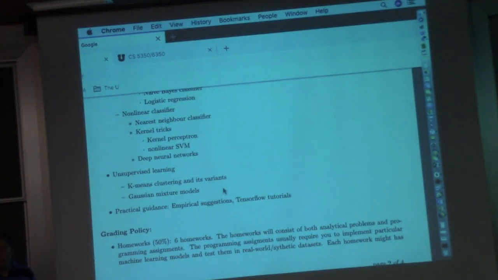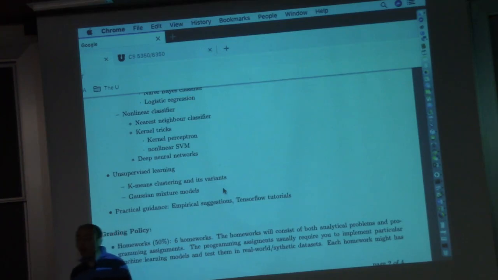I'll use my own experience as a case study to introduce some empirical suggestions on how we apply machine learning techniques to address problems. And we also plan to give some tutorials on popular machine learning libraries like TensorFlow. TensorFlow is not only for neural nets; it can be used to do a lot of things.